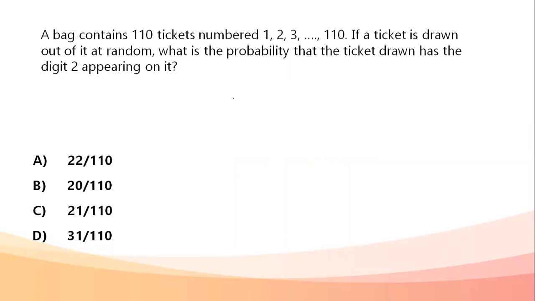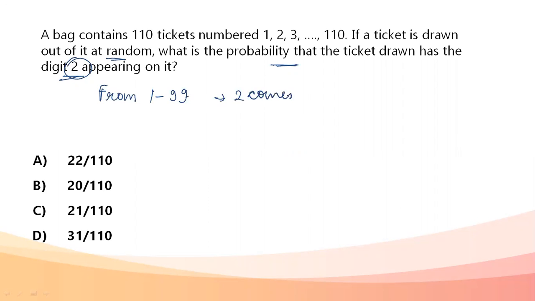Next, a bag contains 110 tickets numbered from 1 to 110. If a ticket is drawn out of it at random, what is the probability that the ticket drawn has a digit 2 appearing on it? Okay, so from 1 to 99, we're going to divide the cases. Number of times 2 appears is 20.